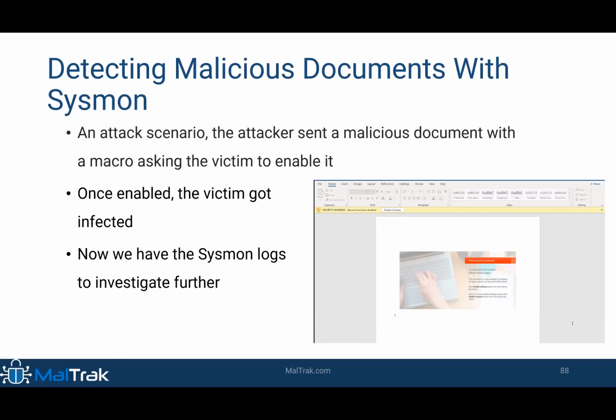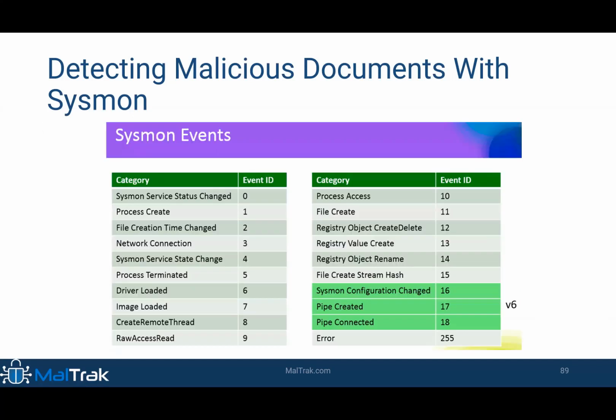So the first question is how I can scan my logs to detect something like this. I said, okay, because I have the Sysmon events, I can assume that WinWord.exe has executed a malicious application or has dropped a malicious file. That's basically my first hypothesis.